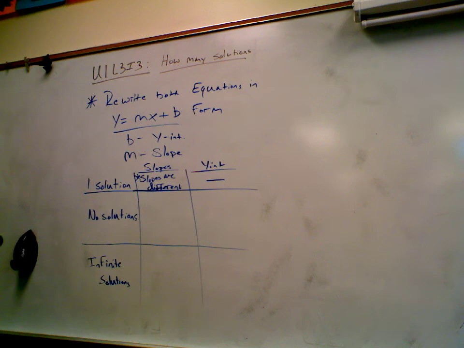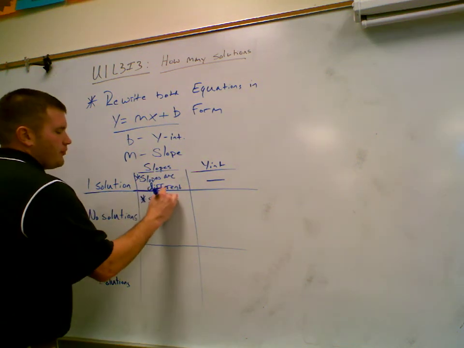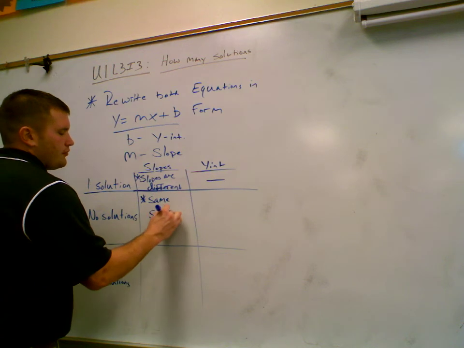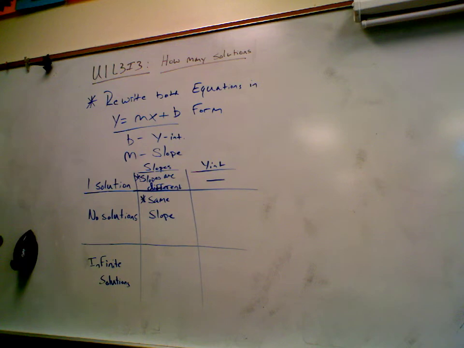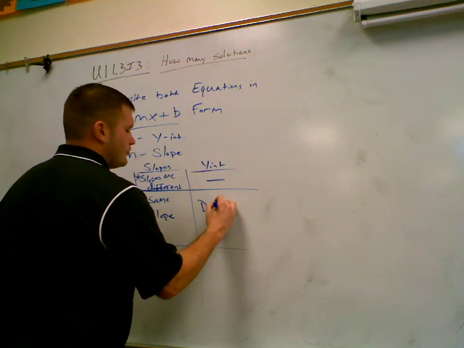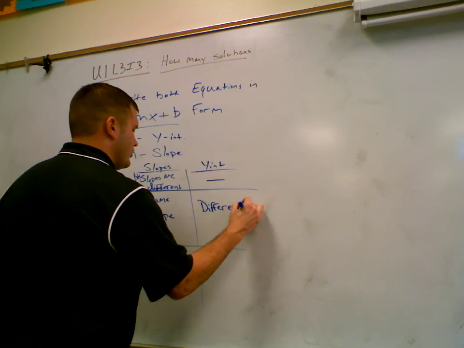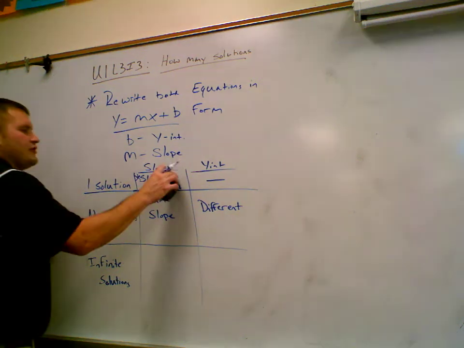We know about their slopes. They're the same. So they have the same slope. What about their y-intercepts? Different. They're different y-intercepts. I just wrote different up here, and so the slopes are different.